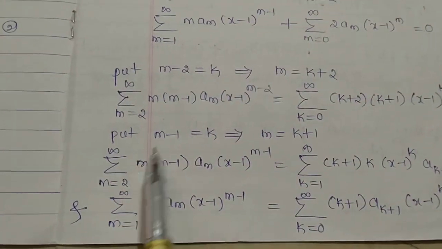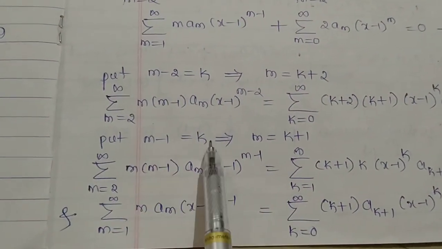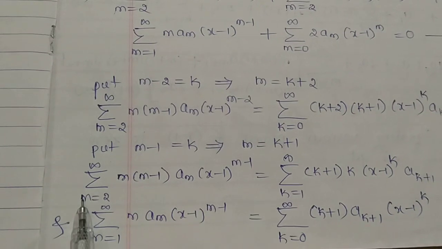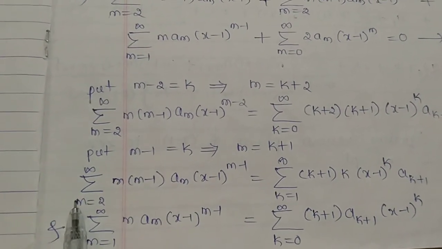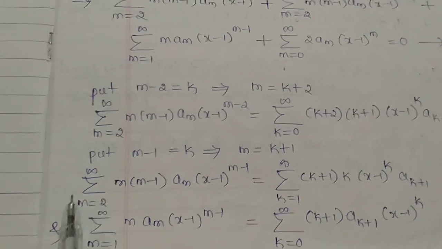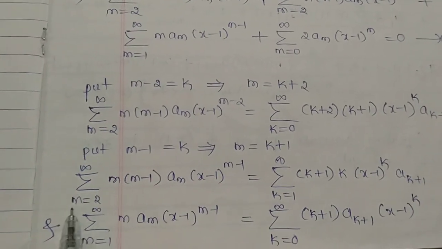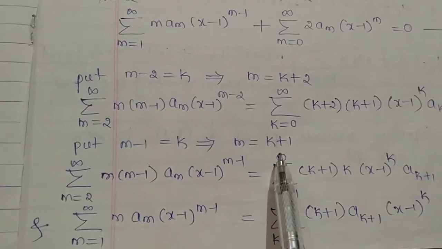And also m − 1 = k, so my m will be k + 1, and the summation varies from, if I substitute k + 1 = 2, k = 2 − 1, that is k = 1 to infinity.